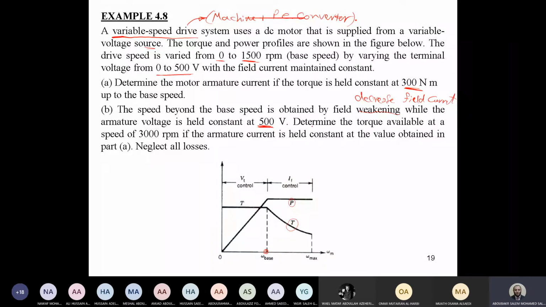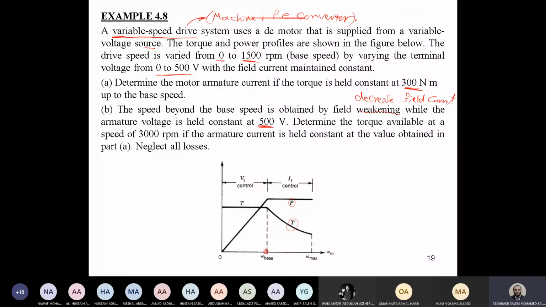What's required here? Determine the torque available at speed of 3000 RPM. It's stated here the torque available. What is the meaning of torque available? It means you don't know what will be the value of the torque. You don't have a certain operating point to maintain the torque at a constant value. Why?